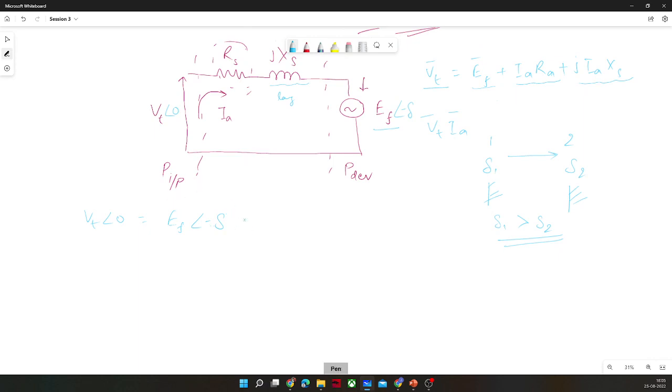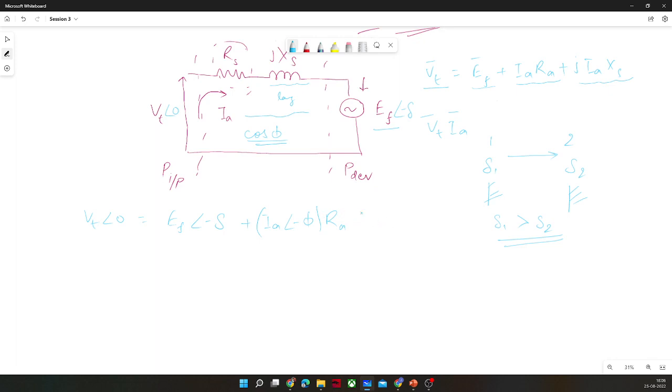Further, generally Ia is lagging, so Ia would be with power factor angle phi. Let us take this circuit has power factor phi, then Ia would be lagging with angle phi, into Ra. We will again break it down.